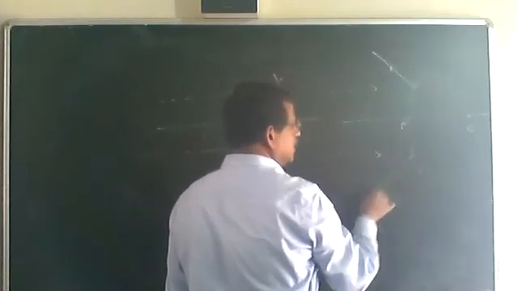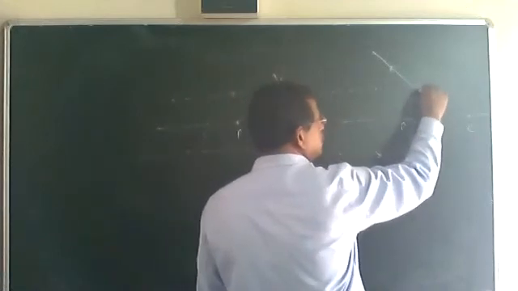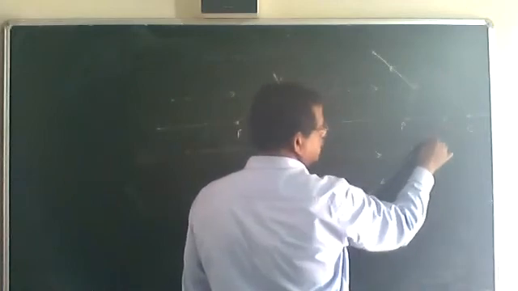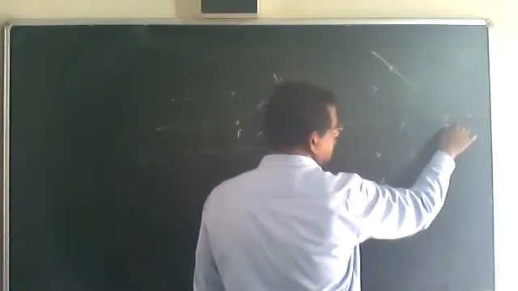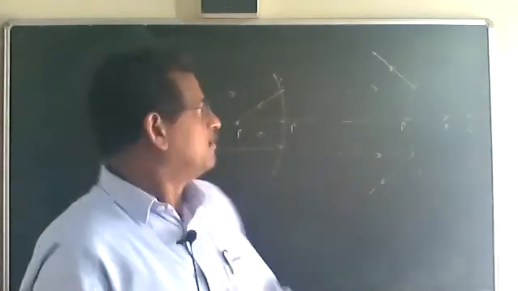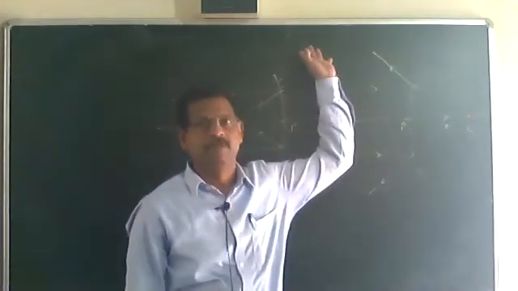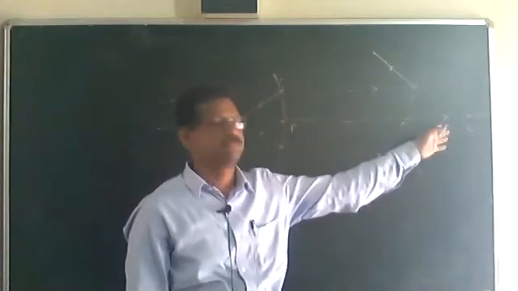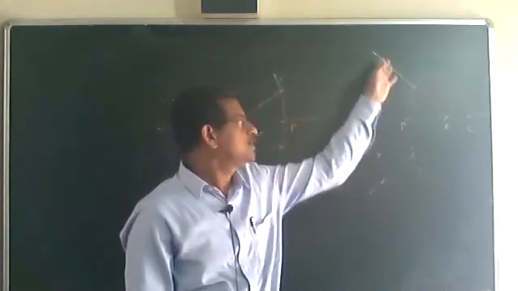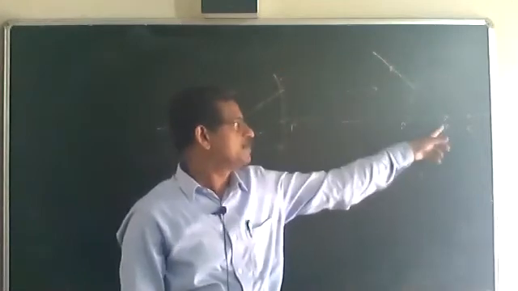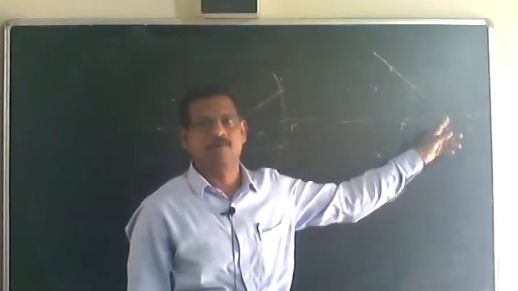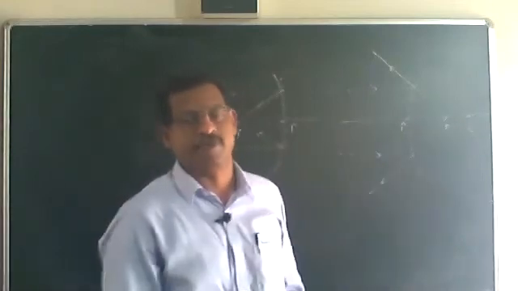So rays appear to diverge, appear to come from a point F on the principal axis. If somebody is here on the left side, for them, the rays appear to come from a point F. So these rays after reflection appear to come from a point F on the principal axis. And this point is called the principal focus of a mirror.